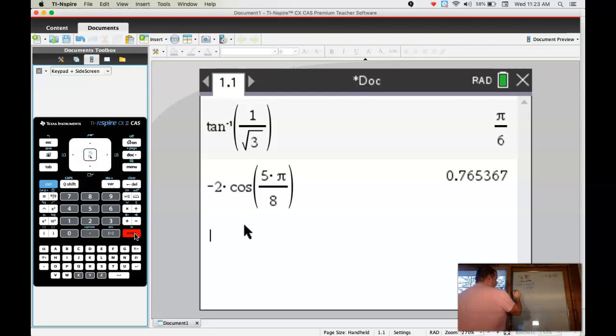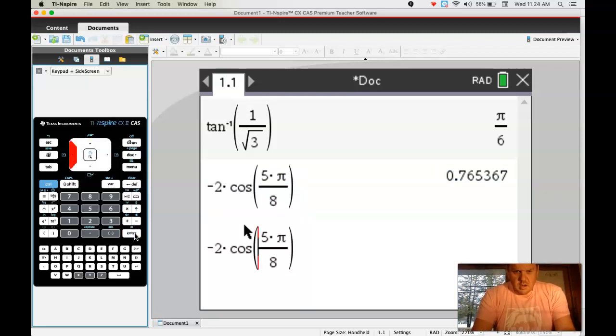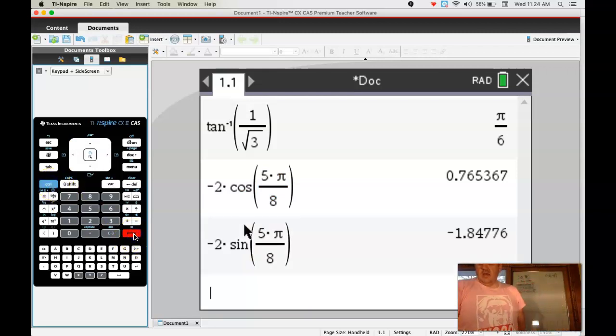Then we'd have to do our sine of theta. So that would be -2 times the sine of 5 pi over 8. Again, we can go right to our calculator, and we can get -1.848, we'll call it.